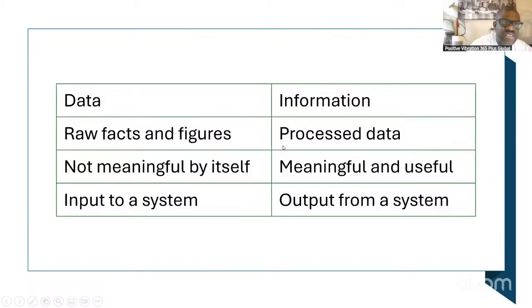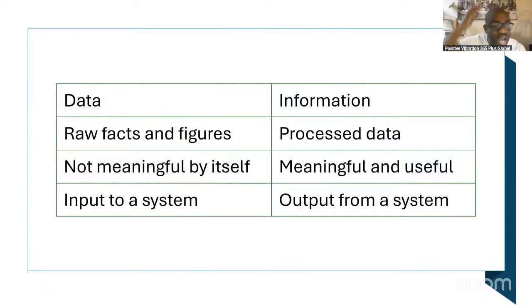Now, if I was to sum this up in a table to look at when I'm studying for my CSEC exam, I want to know the difference between the two because in a worst case scenario, I could be asked to distinguish between the two or to give two characteristics of information or two characteristics of data or describe data. Now, this is definitely what I want to be pointing out, all right?